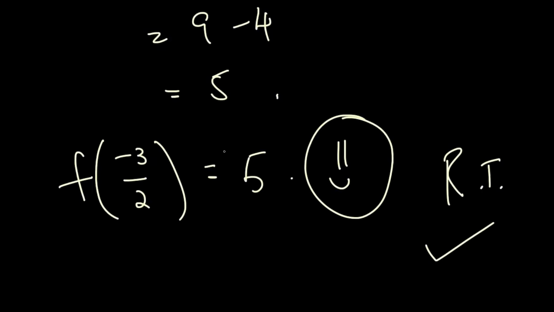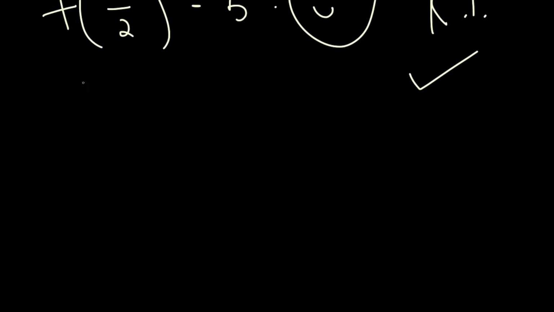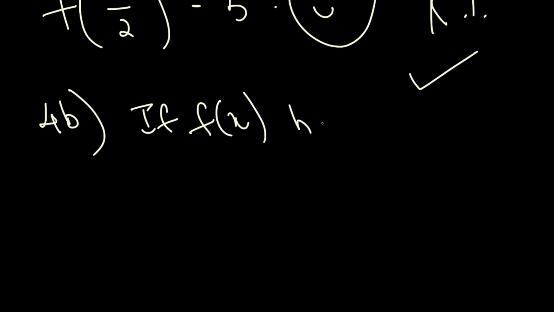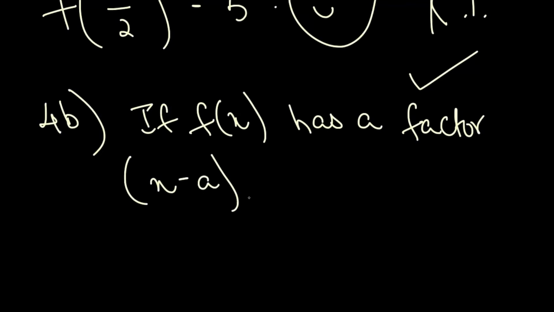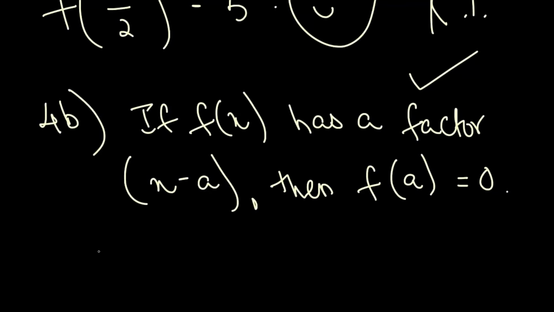Going over to our slide again, we scroll up, make room for part B. The factor theorem states that if f of x has a factor x minus a, then substituting that value a into the expression will give you 0.